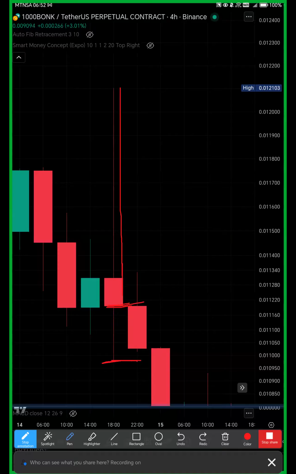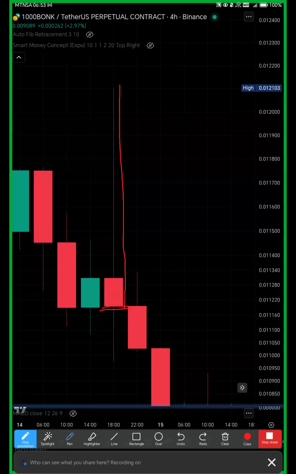When it came down here, then the buyers came and tried to come in. When you see the presence of a shadow like this, and it is a red candle, when the sellers started to sell, the price came back down to its opening. Then it crossed the opening and came further down to this level.